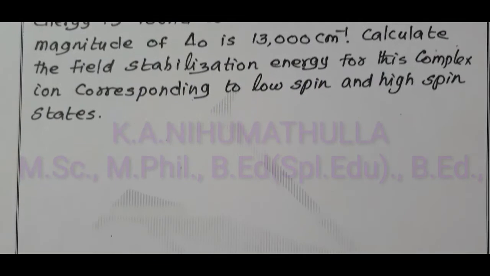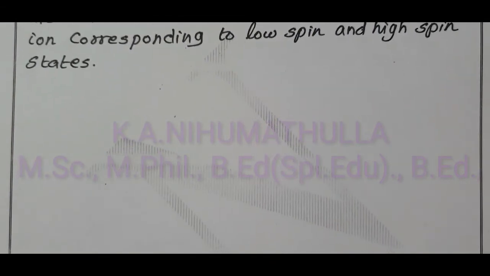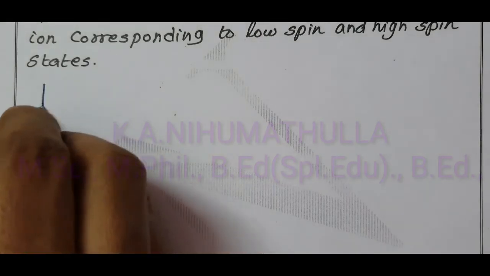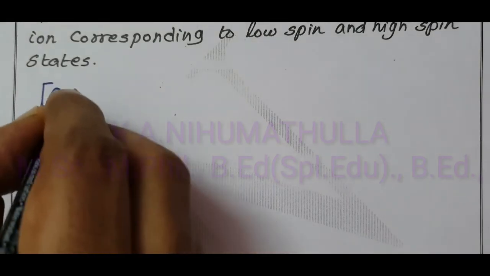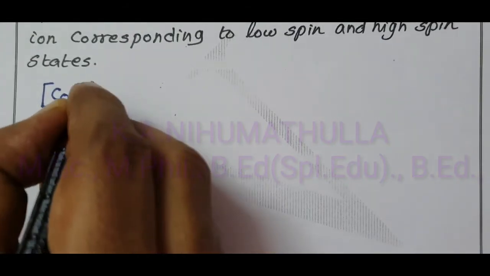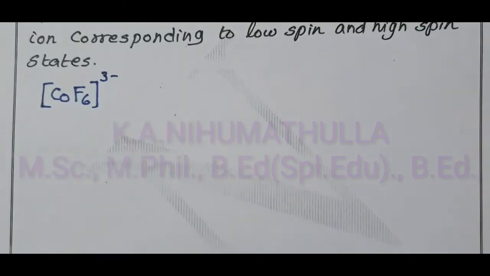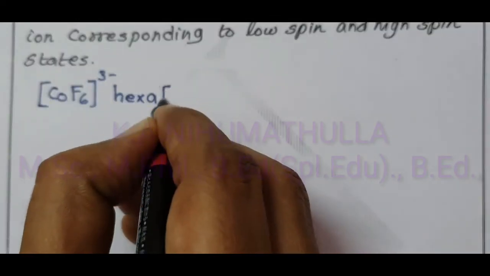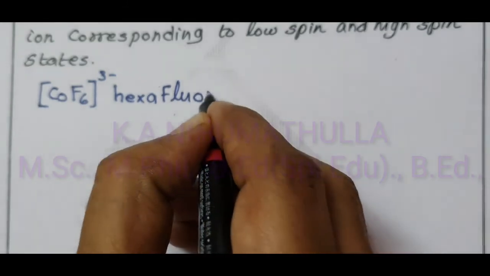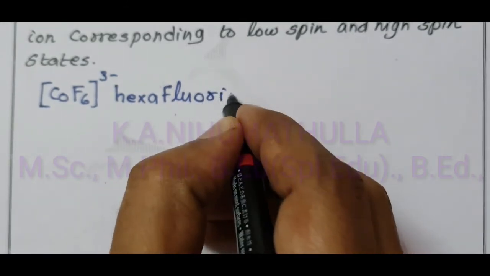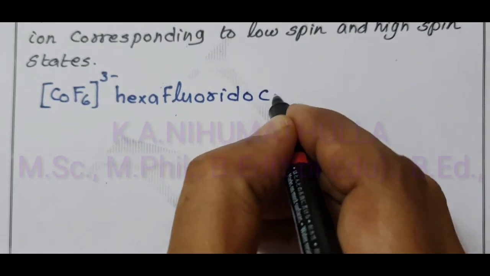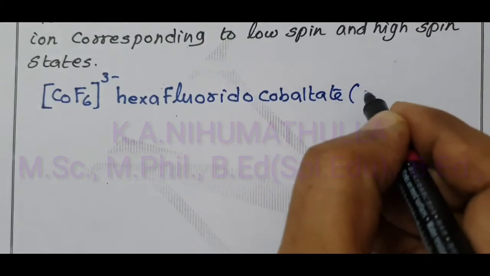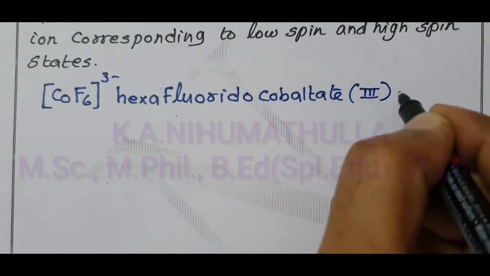Now first we are going to write the IUPAC name of the given complex. Our complex is the CoF6 3- ion, that is hexafluoridocobaltate(III) ion, with cobalt in the 3 oxidation state.